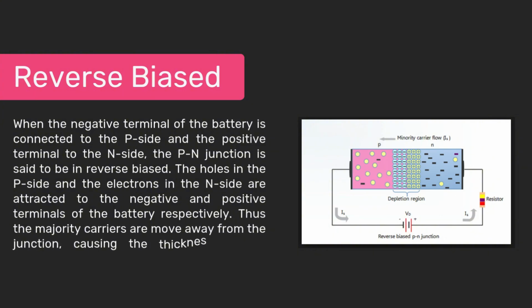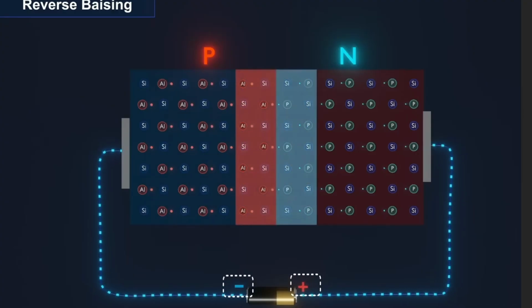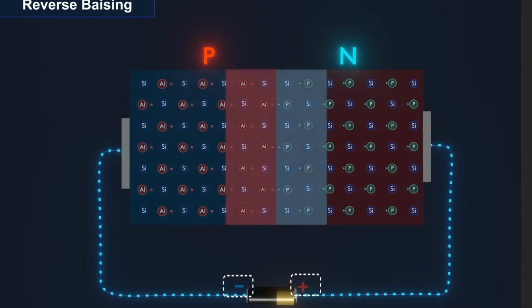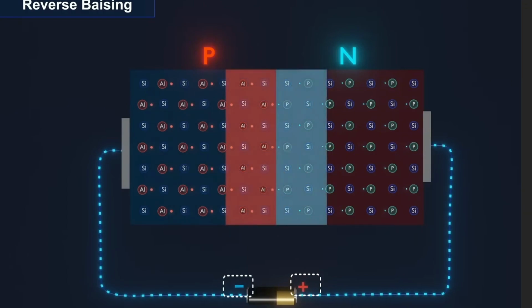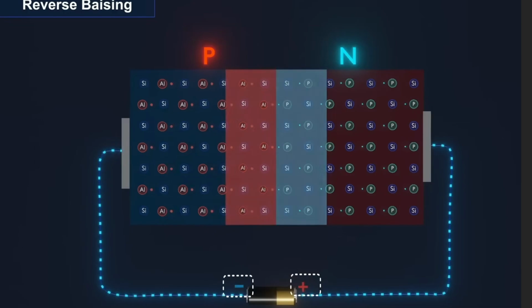Thus, the majority charge carriers are moved away from the junction, causing the thickness of the depletion region to increase. This increases the potential barrier and offers a high resistance to the flow of charge carriers. Thus, it allows minimum electric current to cross the PN junction.